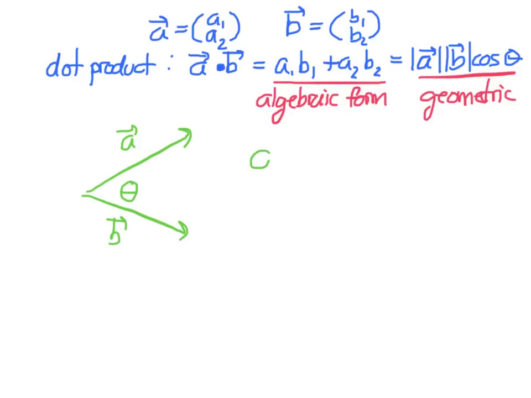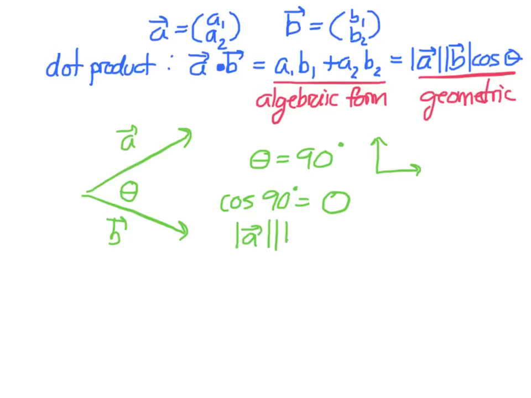If that angle equals 90 degrees, in other words, if these two vectors are perpendicular, notice that the expression on the right becomes 0, and that's because cosine of 90 degrees equals 0, which means that the geometric form of the dot product equals 0.